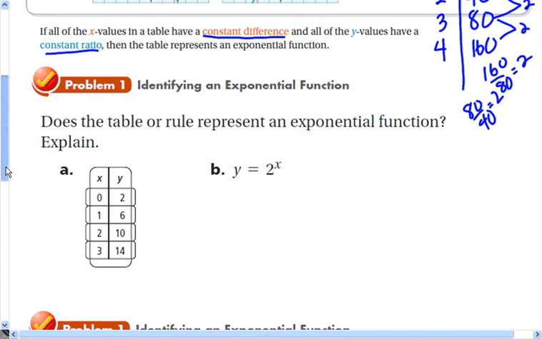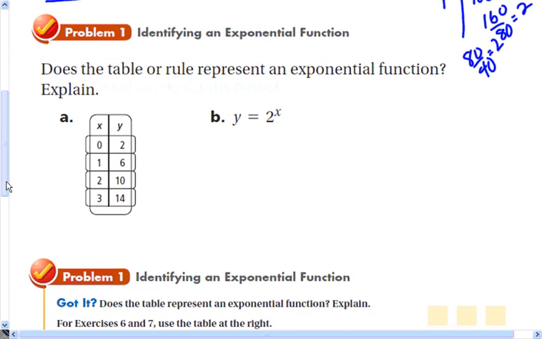All right, so let's look at some things and see if we can determine whether it's an exponential function or not. When you have a table of values, first check to make sure the x are going up by the same number. So we have a constant difference there. They are increasing by 1. And then we need a constant ratio in the y value. So we're just going to divide consecutive values in the table.